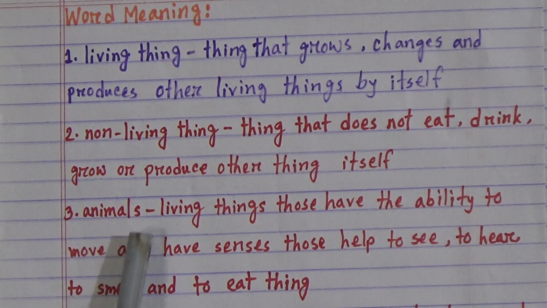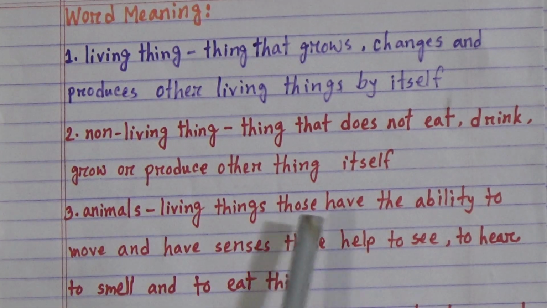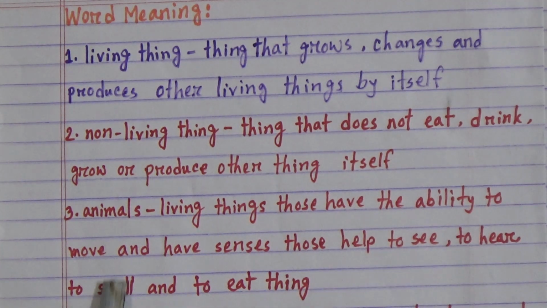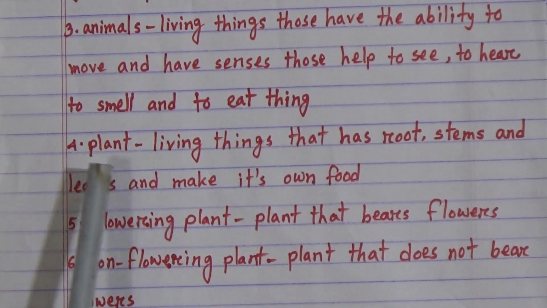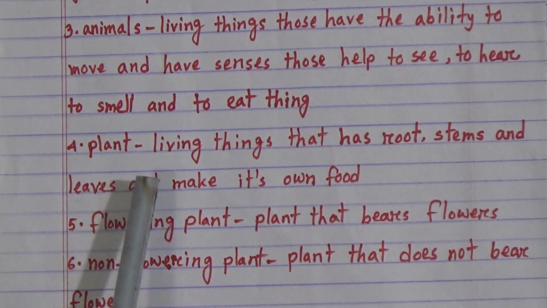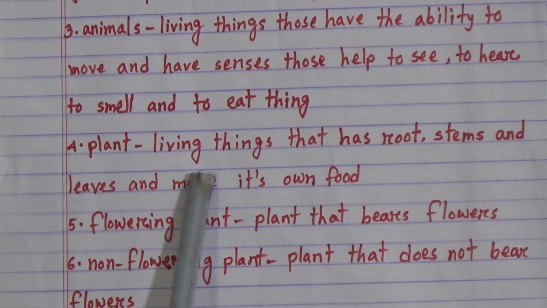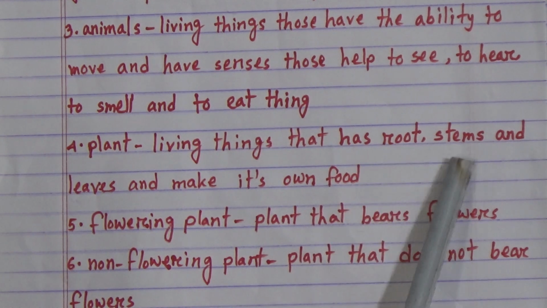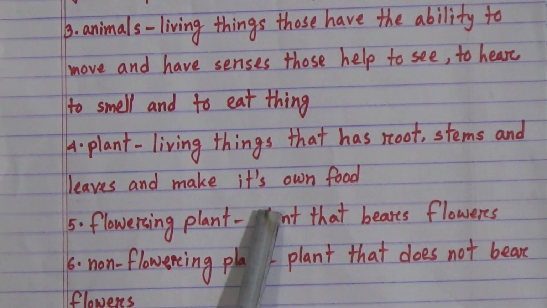Number 3, animals. Living things, those have the ability to move and have senses, those help to see, to hear, to smell and to eat thing. Number 4, plant. The meaning of plant is living things that has root, stems and leaves and make its own food.